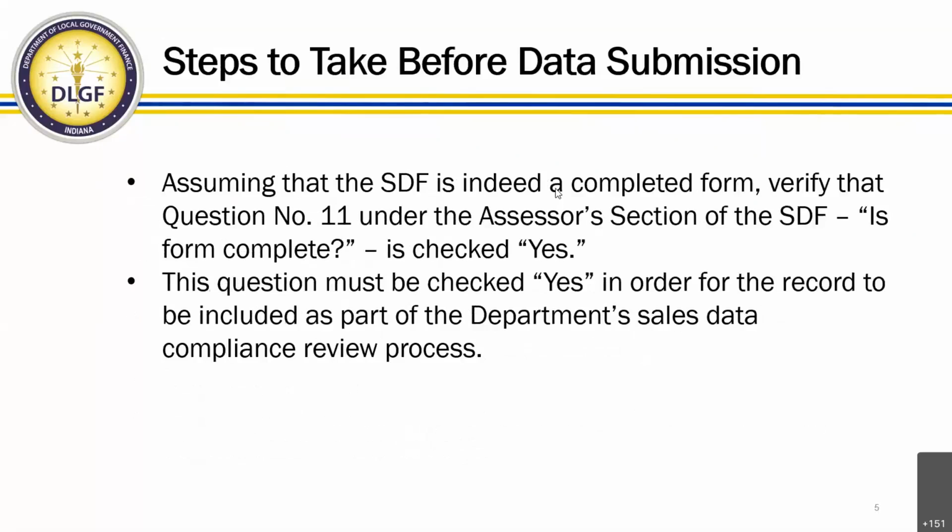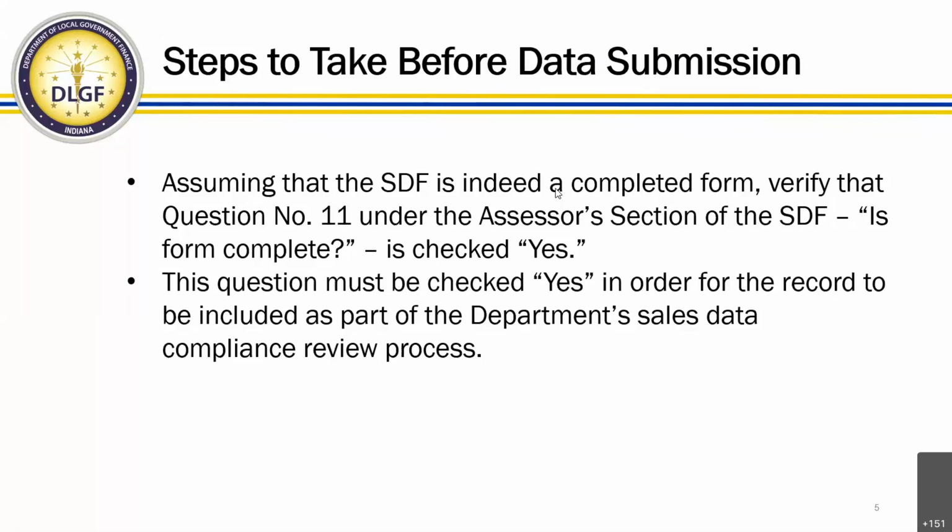Another item for county assessors to keep in mind while reviewing their sales, before they submit them to the DLGF: assuming the sales disclosure form is indeed a completed form, in the assessor section there's question number 11, which says, is the form complete?